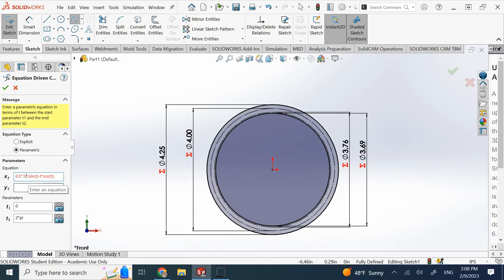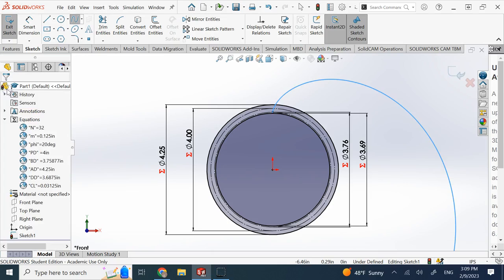So I have to type in 3.76 here, and we'll see if this one is going to be okay. Yes, you see it's not picking on us here. And this one is R of base, which is half of the base diameter, times cosine of t plus t times sine of t. Okay, and hopefully this one will give us an involute curve.